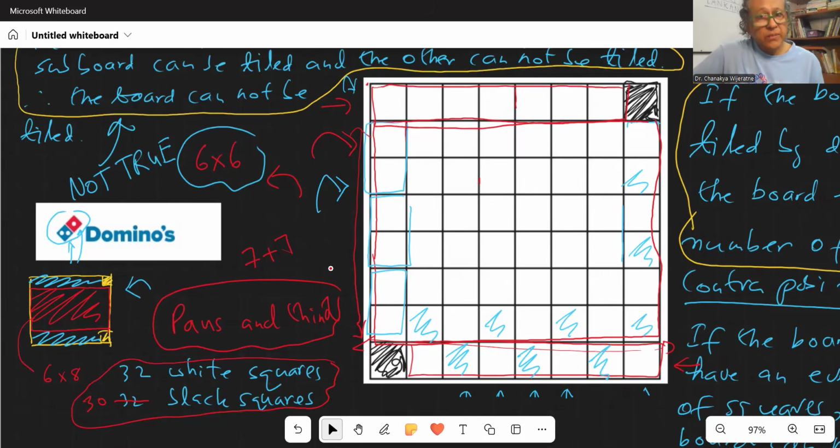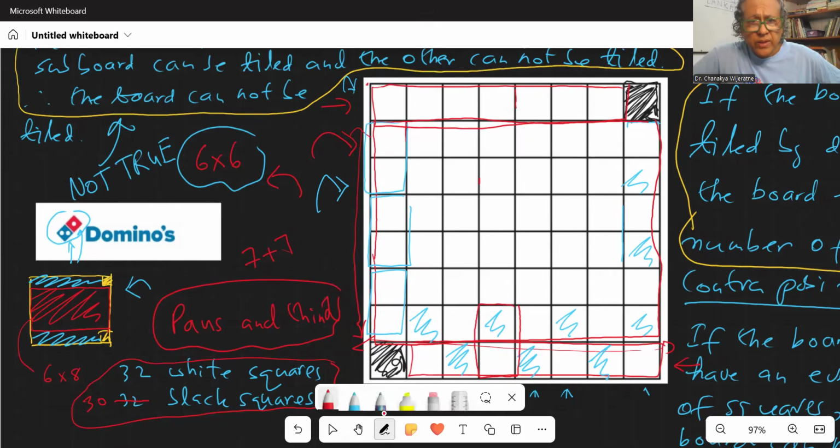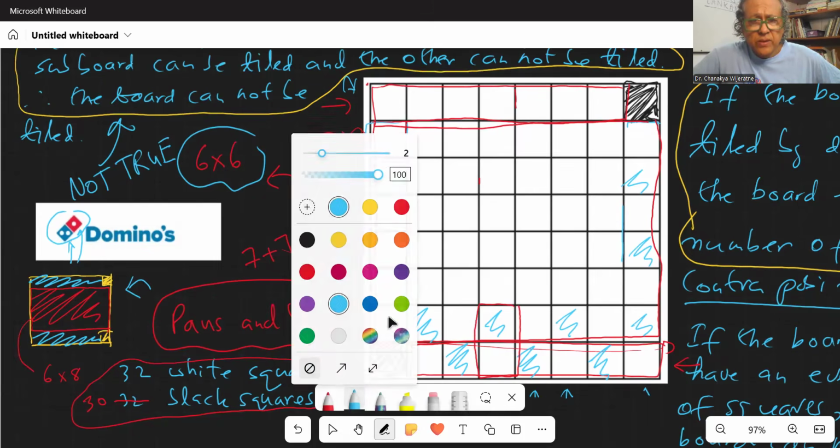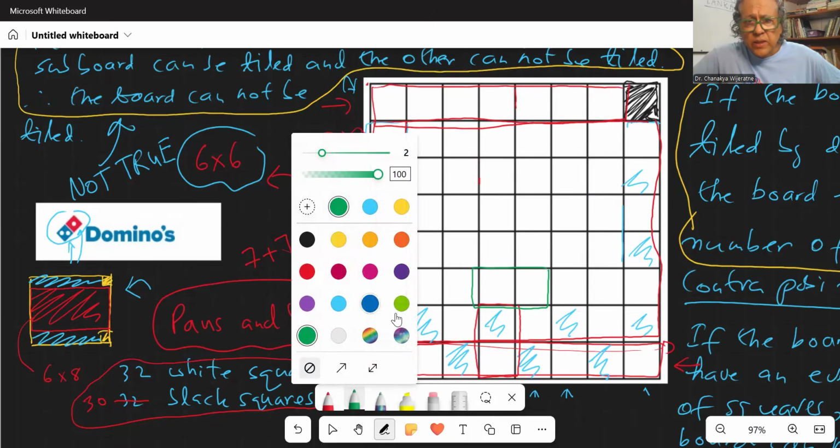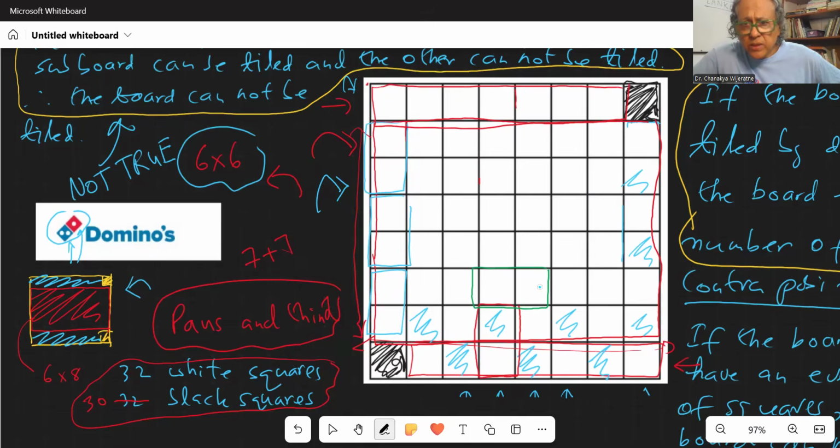So let's see whether it is true, right? So if we lay a domino like this, you can see that one black, one white, right? So let me use a different color. All right. And then if I lay it like this, so here, this is black. So one white, one black.